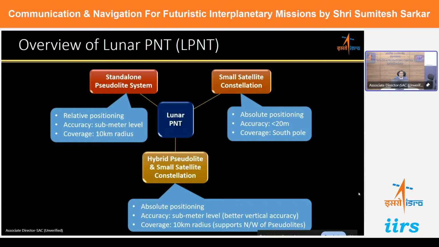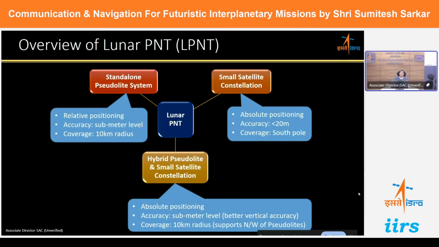So over the surface of the Moon, if you can place the pseudolites, the small navigation terminals, at specific known points, then they can provide a very good local positioning service. Of course, it will not be at an absolute level.